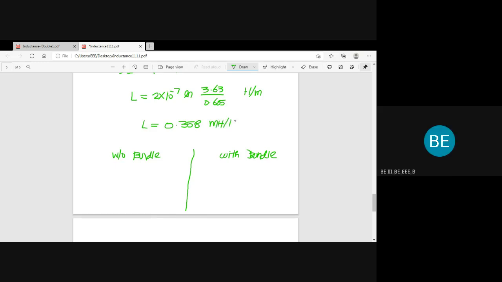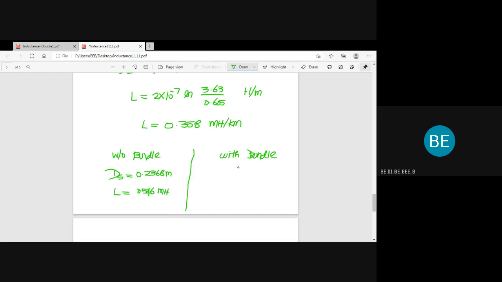So the answer for that will be 0.358 millihenry per kilometer. So there will be no change in the DM value. So DS, if we are not having bundled conductor, so DS value will be 0.2368 meter. So similarly, inductance value will become 0.546 millihenry per kilometer.